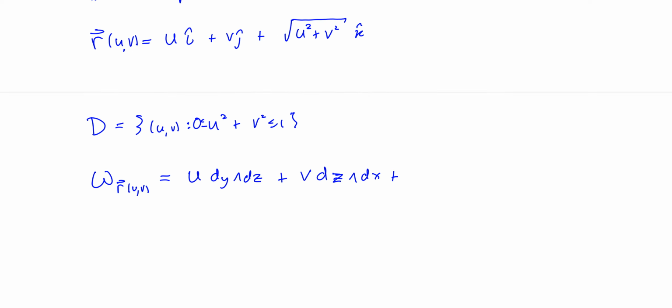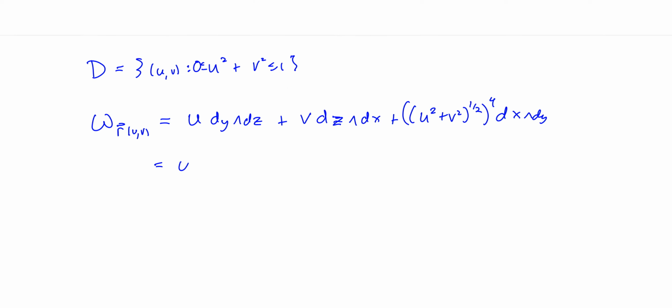So this just becomes u squared plus v squared to the 1/2 all raised to the 4th dx wedge dy. And if we simplify that a little bit, when I take the square root to the 4th power, I just get squared. So I get u squared plus v squared, squared, dx wedge dy. So this is now our two-form.